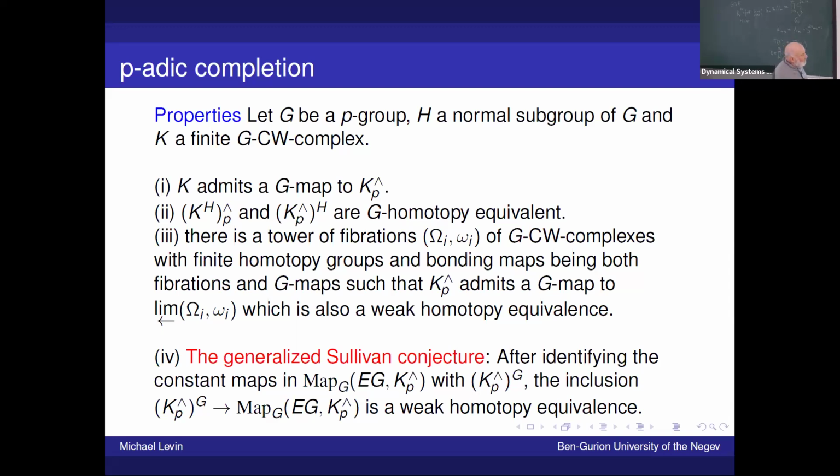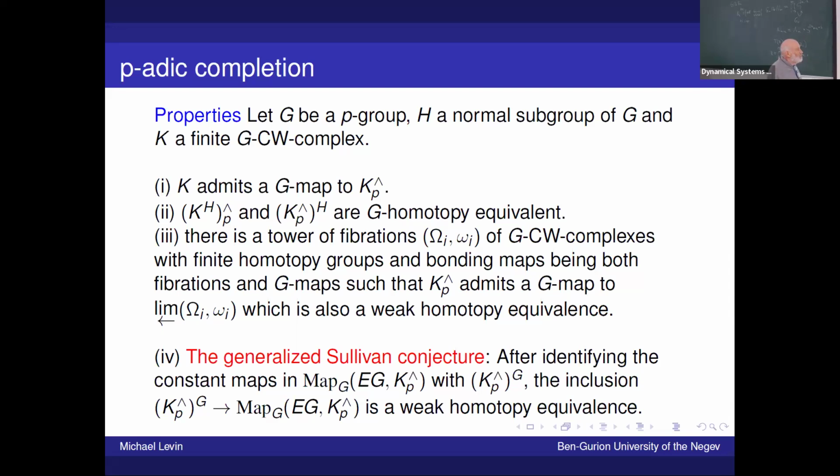It's quite a standard fact if we don't consider equivariant maps, just the p-adic completion of a topological space. It is also known in the equivariant setting, but this result is not very complicated.